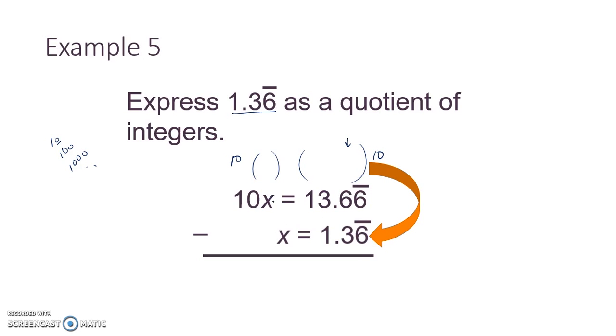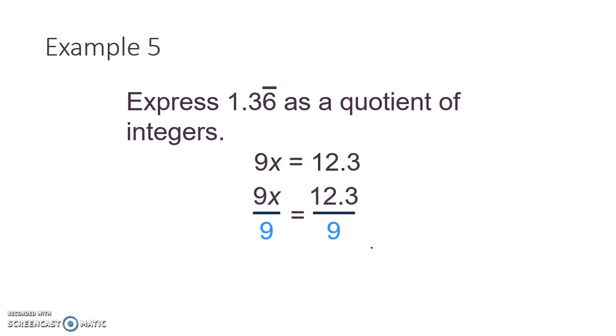Then we can subtract 10x minus x, which would be 9x. 13.6 with the 6 repeating minus 1.36 with the 6 repeating would be 12.3. You'll notice every time we do this subtraction step, there's no more repeating. So that's essentially what we're doing. We're eliminating our repeating digit.